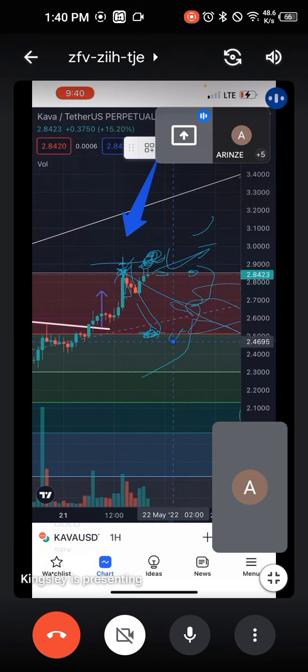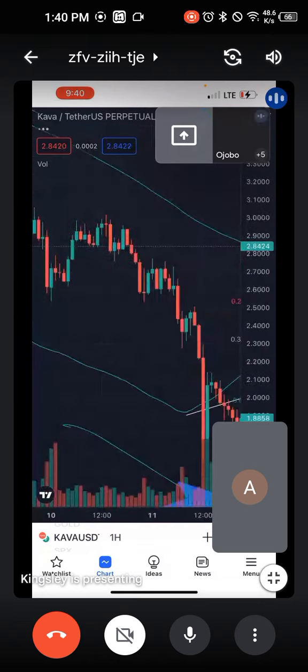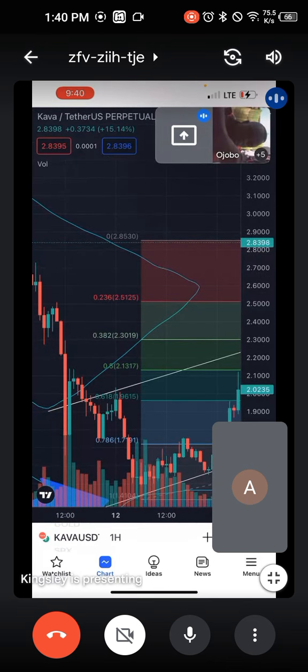Let's go and find it. Don't forget, the first level is the zero level. The 2.85 in bracket is the price of the asset, in this case the price of Covar. That's why you see 2.85.